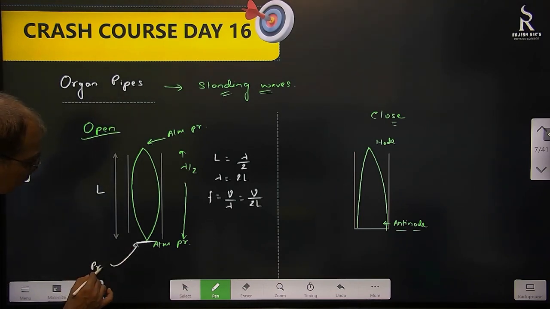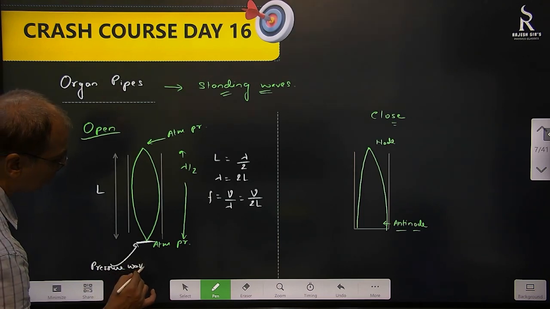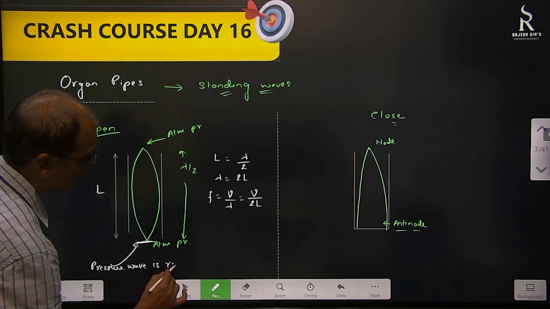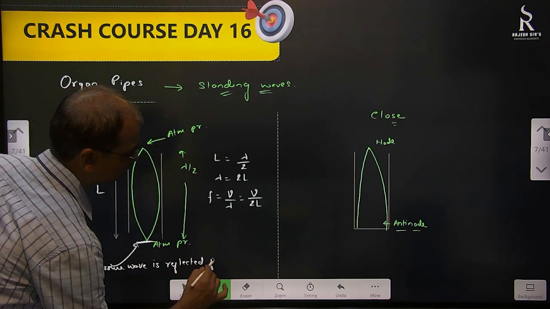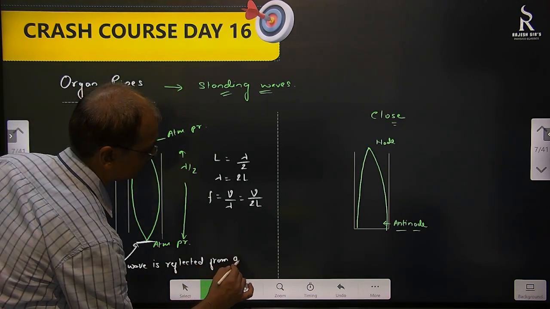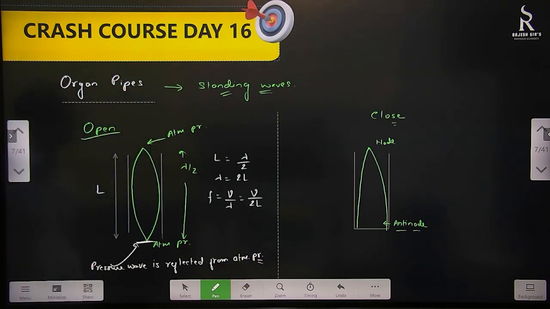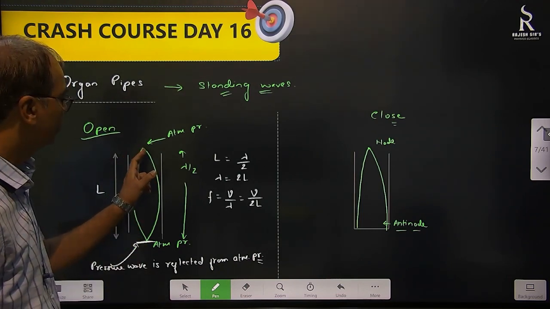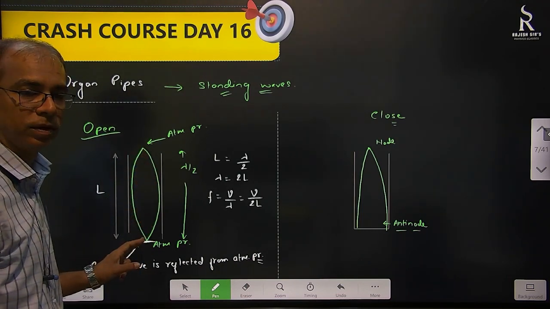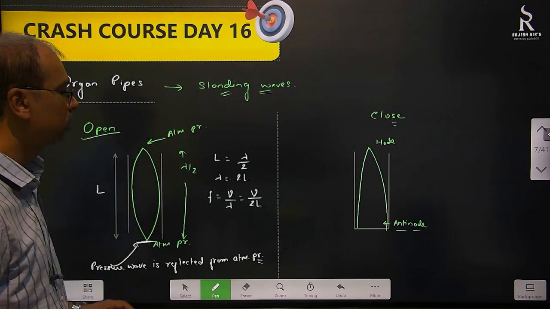Pressure wave is reflected from atmospheric pressure. Remember that. So this is how you generate the wave. It goes here, again atmospheric pressure, it gets reflected. So this is the fundamental tone. Why fundamental?